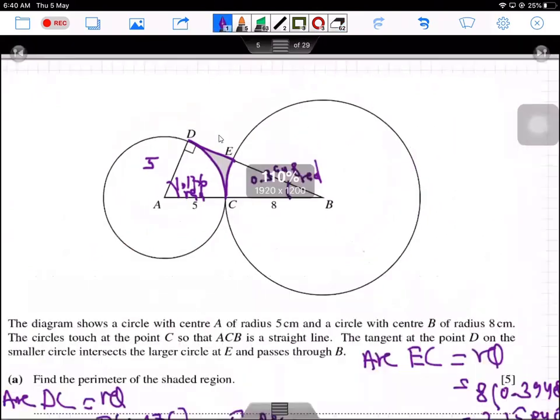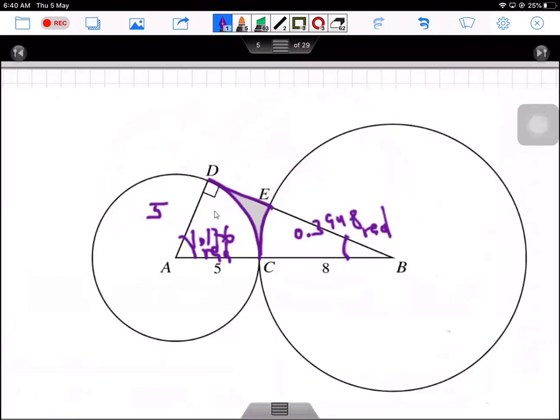Since we are dealing with a right angle triangle here, in which AB is the hypotenuse, it must satisfy the Pythagoras theorem. We can first find the length of DB. According to Pythagoras theorem, AB squared is equal to AD squared plus DB squared.